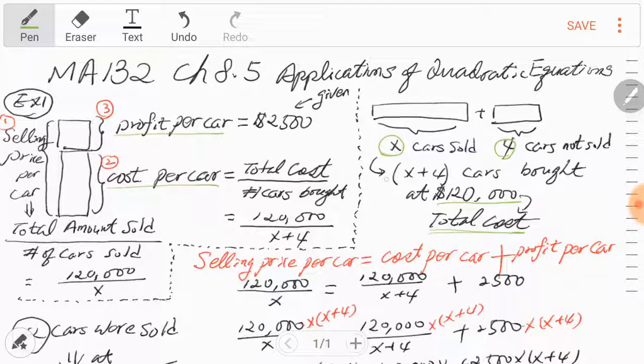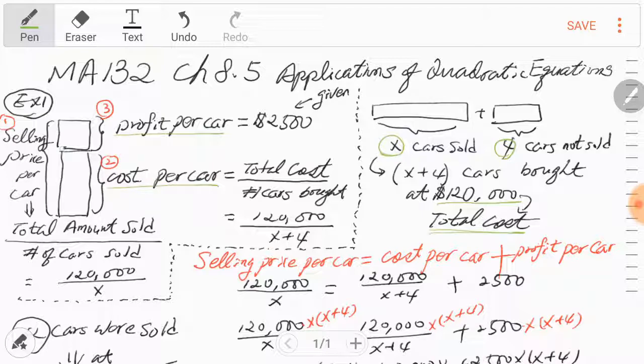And then the selling price per car is the total amount that the car dealer sold divided by the number of cars sold. So the total amount is $120,000. This price is the same as the purchase price. So he sold X number of cars and the total amount is $120,000. So divide this amount by the number of cars, X.